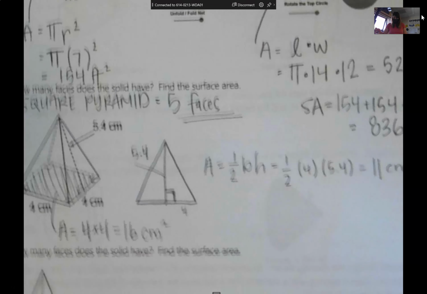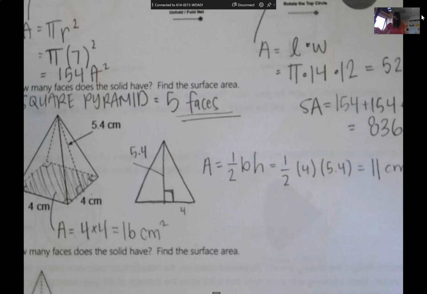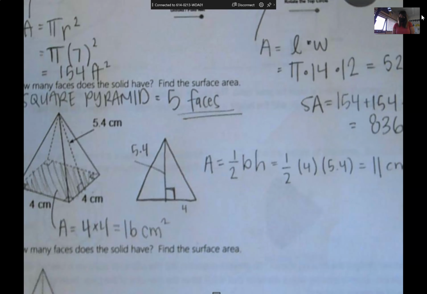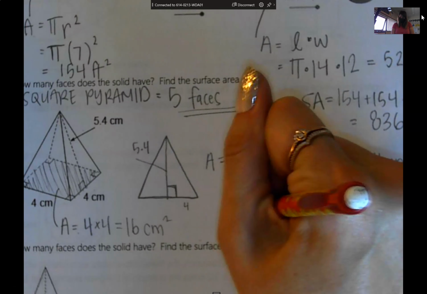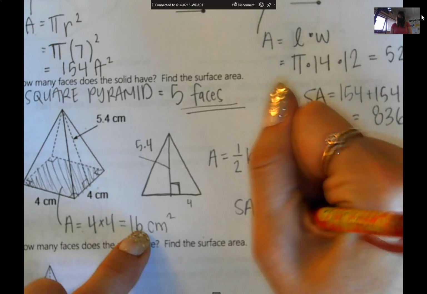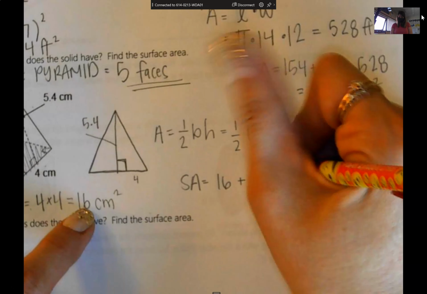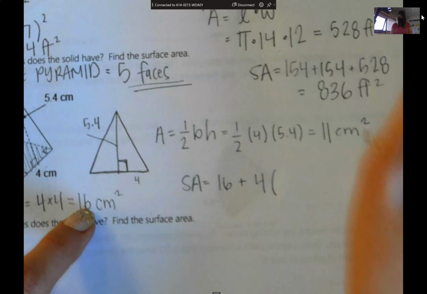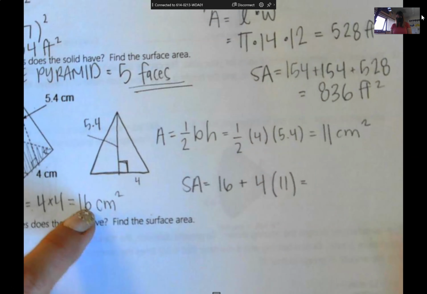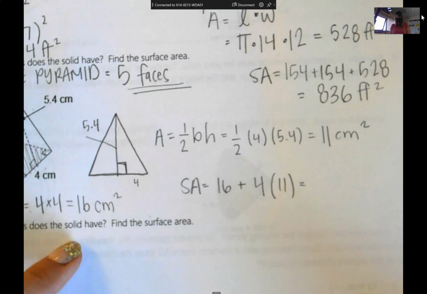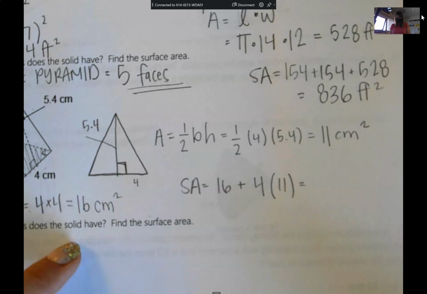So for the surface area, we add the bottom 16 plus, how many triangles did we have? 4 times 11. Okay, what are we getting? 60?